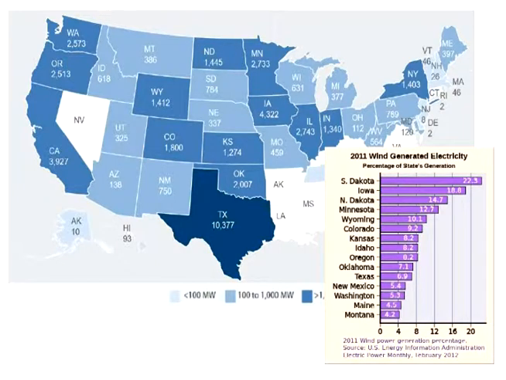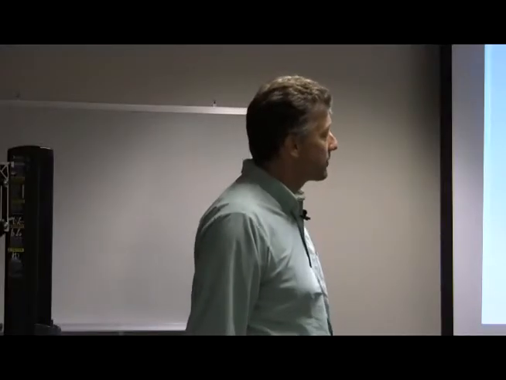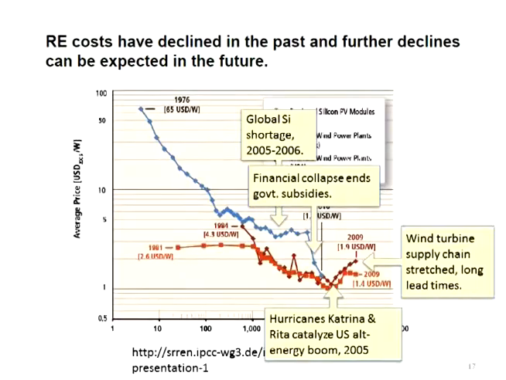But certain states get very high penetration right now. And it's interesting that South Dakota is so high for wind, because South Dakota is also tied to the fossil fuel industry.